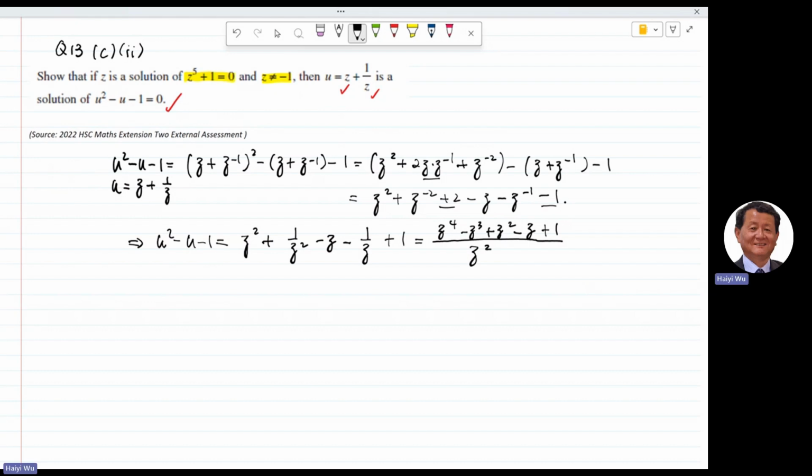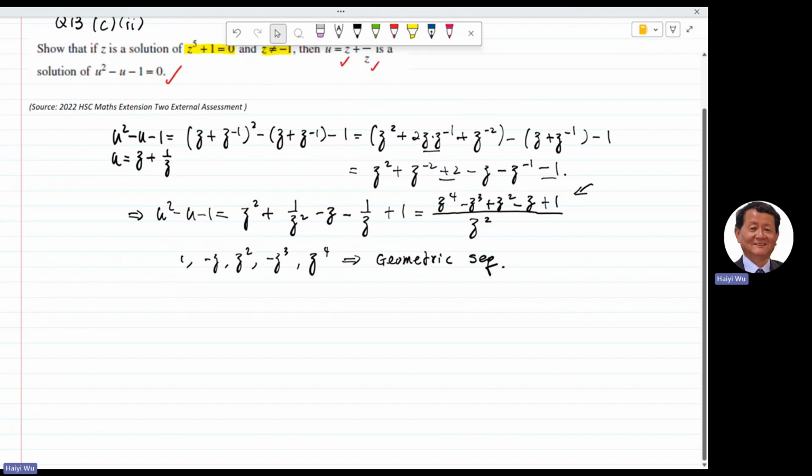So you can see that on the numerator is a sequence: 1, negative Z, Z squared, negative Z to the power 3, and Z to the power 4. This forms a geometric sequence.